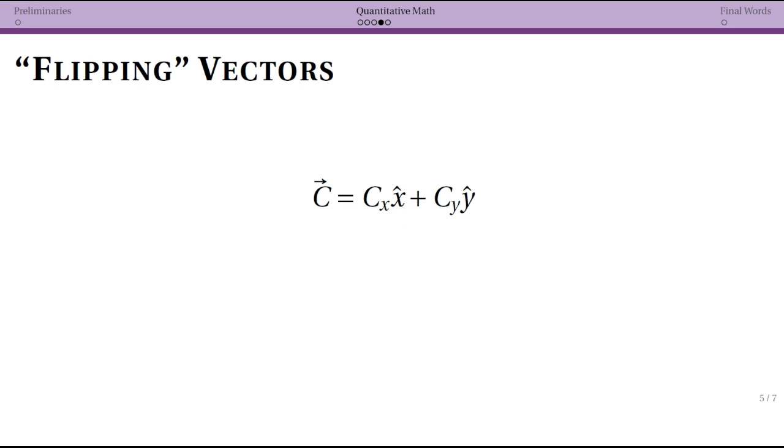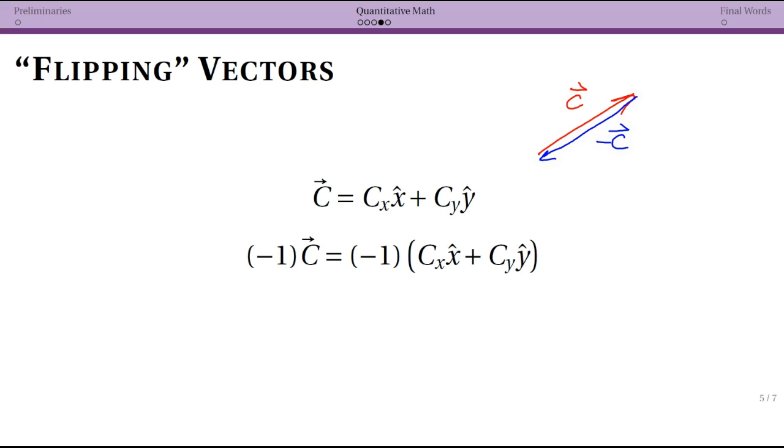So one thing that I want to talk about briefly and do an example on is the idea of flipping a vector. And we've talked about this before in the idea that if I have my C vector going this way, my negative C vector looks like that. And so what we actually are doing in this case is basically multiplying it by -1, right?